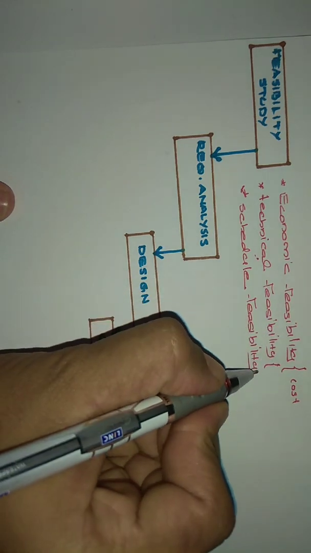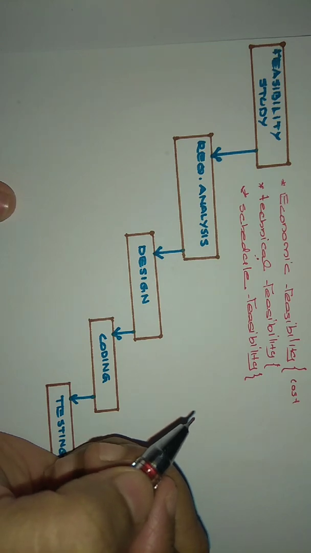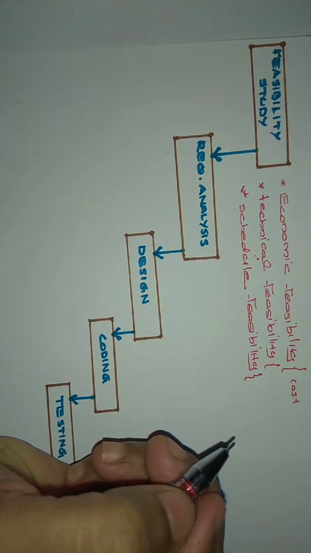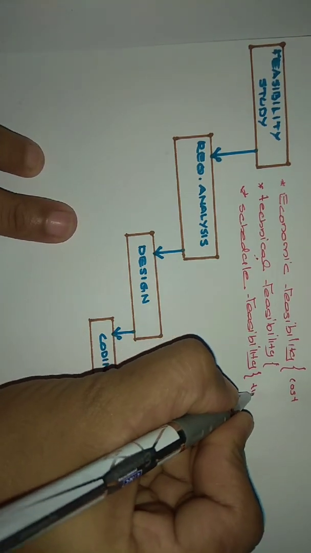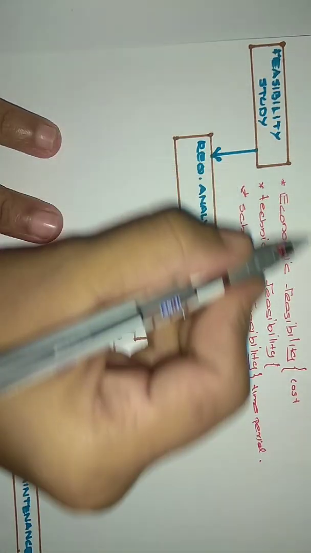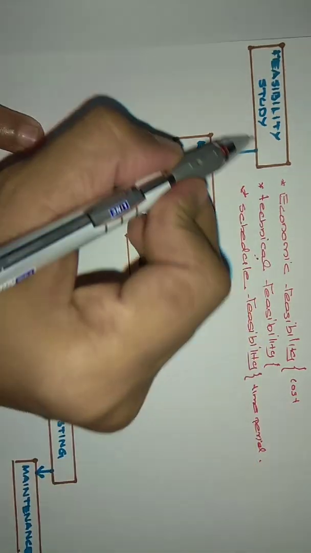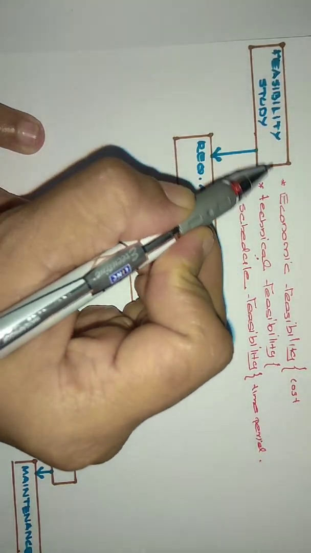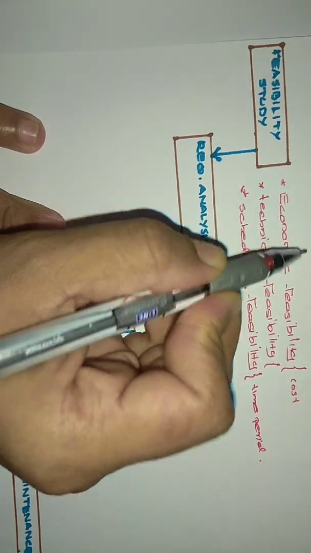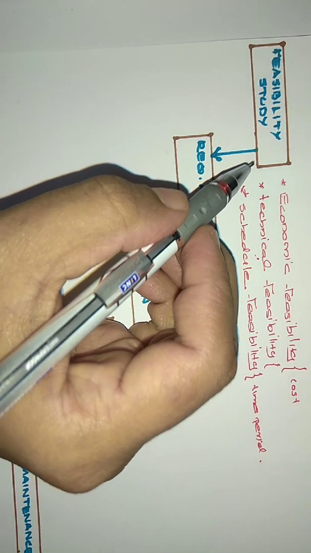Then schedule feasibility: within a particular time period, whether the product can be developed. That is what we are mainly discussing in feasibility study. The main goal of this phase is to determine whether it would be financially and technically feasible to develop the software.